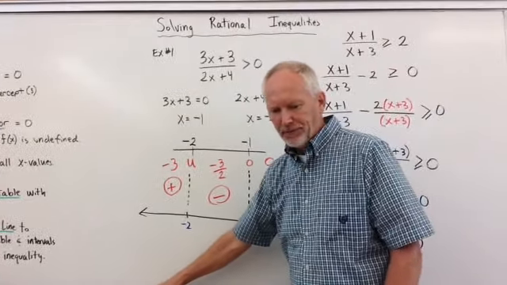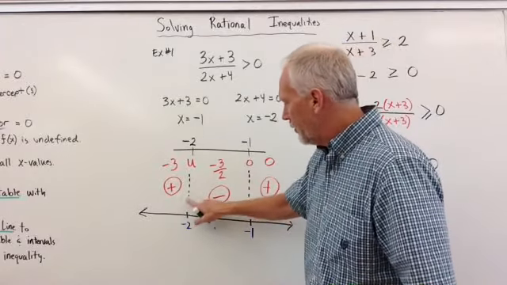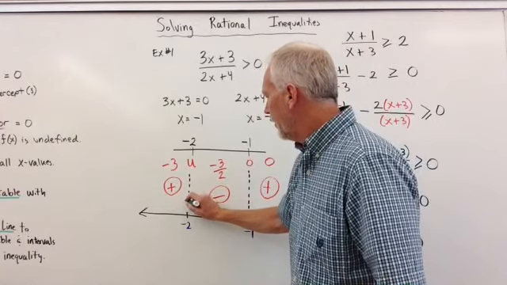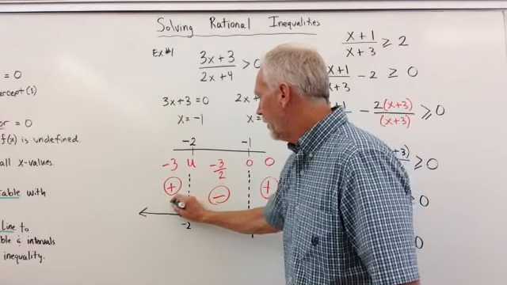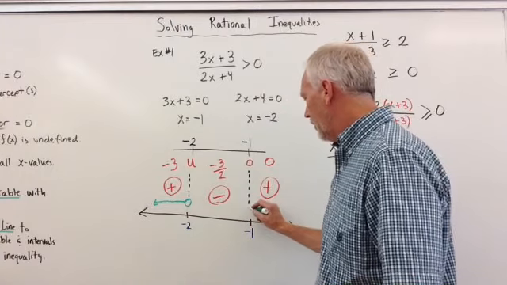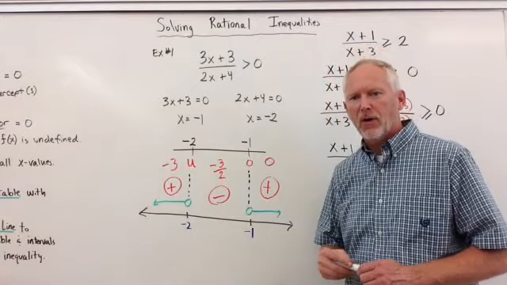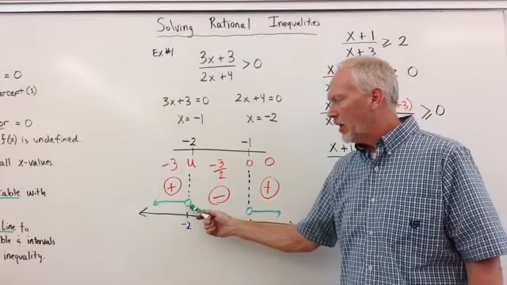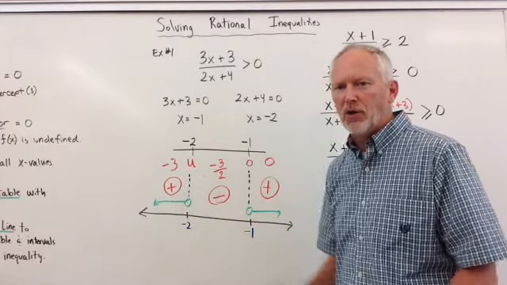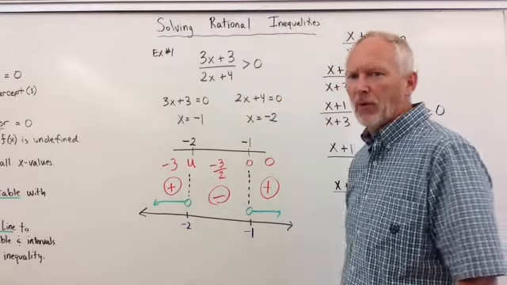So from negative 1 on over, we are going to be positive, and we'll go that direction. And then to the left of negative 2, we're also positive. We're not going to include negative 2 because at negative 2 it's undefined. So any number greater than negative 1, and any number less than negative 2, we should end up getting a positive result, because that's what we're looking for, positive.